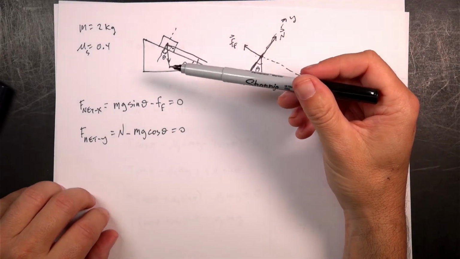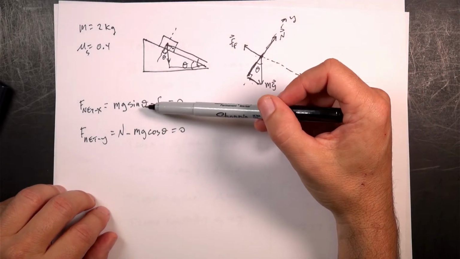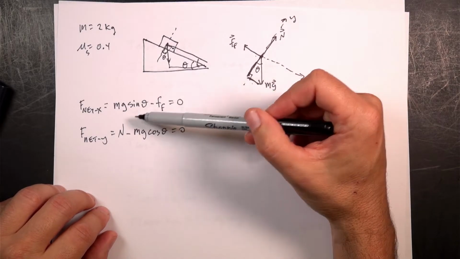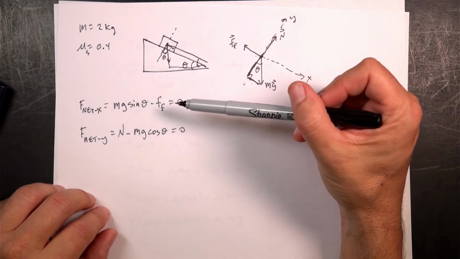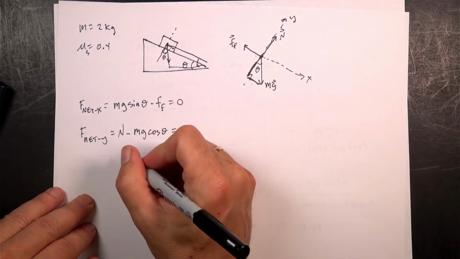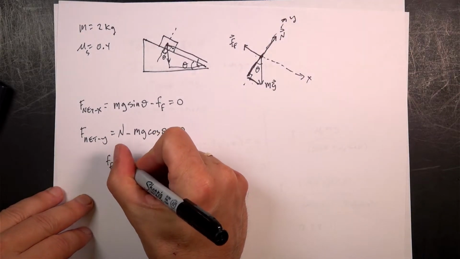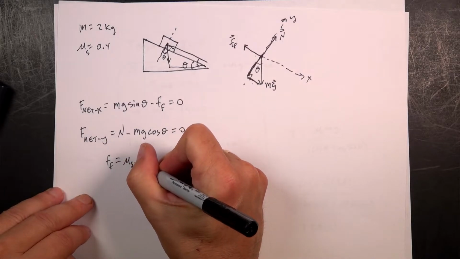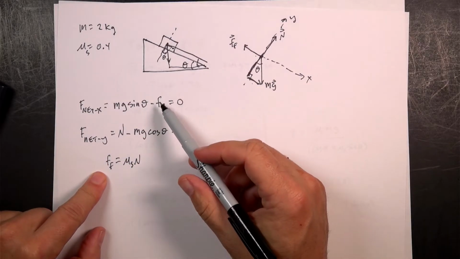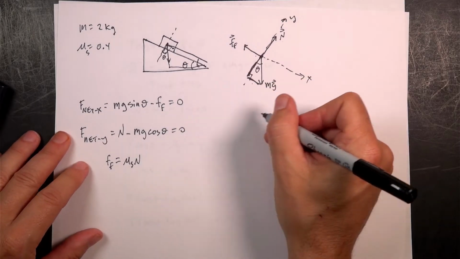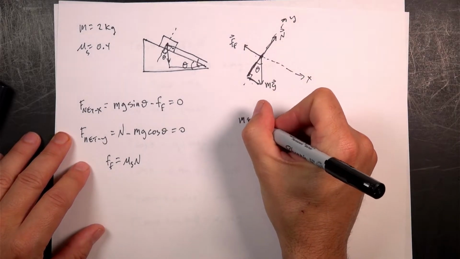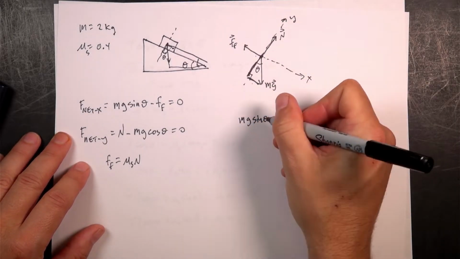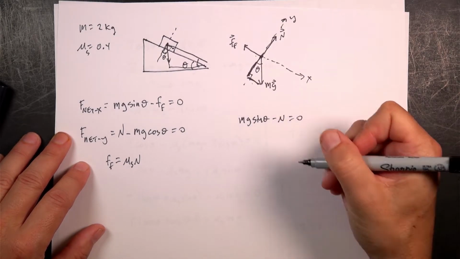Okay, so I still have the problem that I don't know theta, and I don't know F, and I don't know N. That's three things I don't know. So let's eliminate the friction force by saying the friction force is equal to, because we're at the maximum case right before it slides, mu s times N. And then if I put that in up here, I get mg sine theta minus mu s N equals 0.